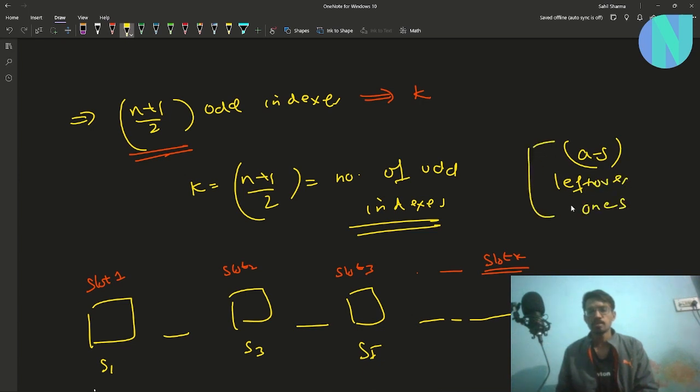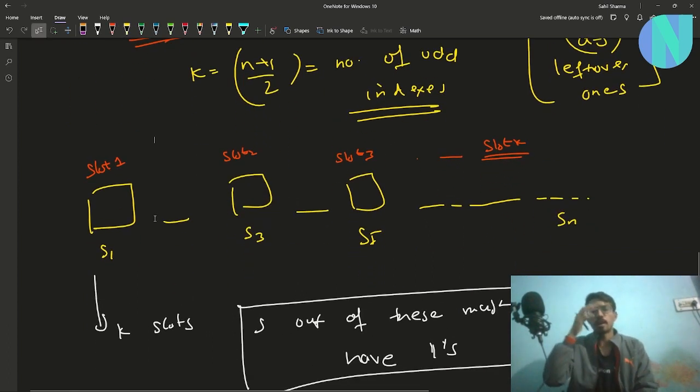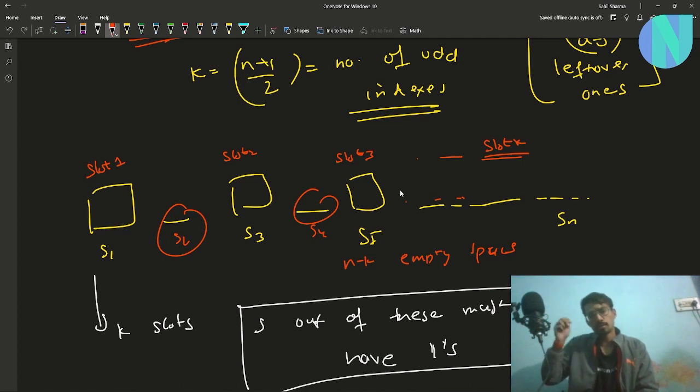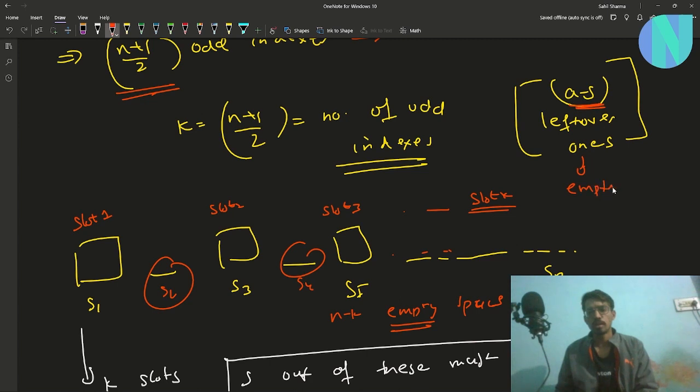We have A minus S leftover ones, and we have to assign them to the leftover empty spaces. So we had k slots and we have n minus k empty spaces. For example, here S2 is an empty space, S4 is an empty space, and so on. We assigned S ones to the slots, so now we will assign the A minus S leftover ones to the empty spaces.